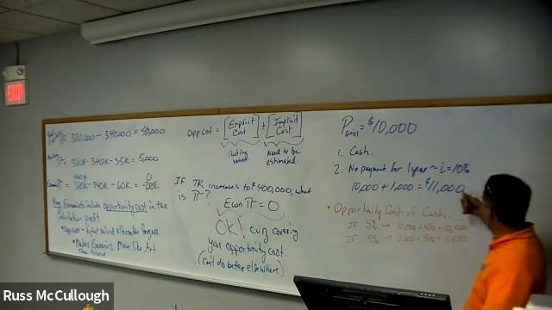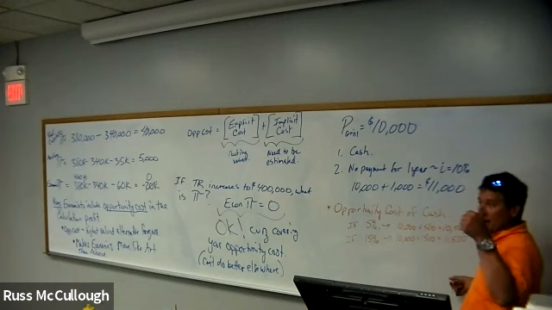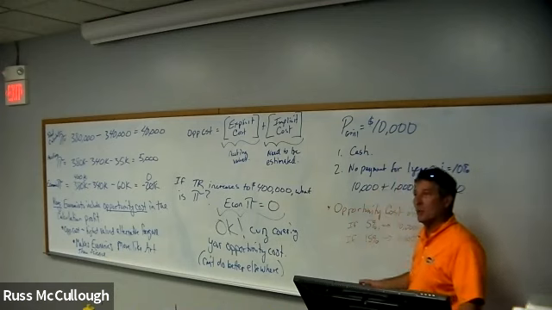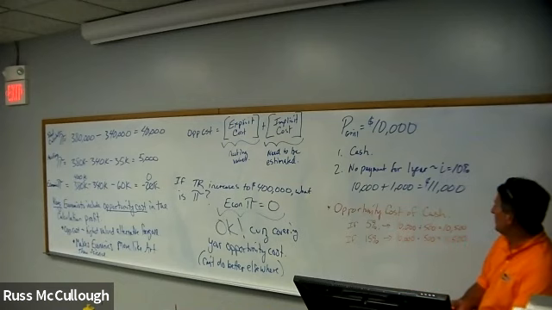And now I pay off the grill at 11, and I'm up 500 bucks, right? So the answer depends on your opportunity cost. What else could you be doing with the cash?